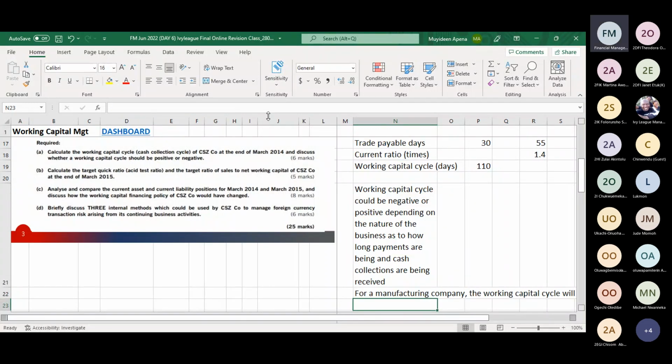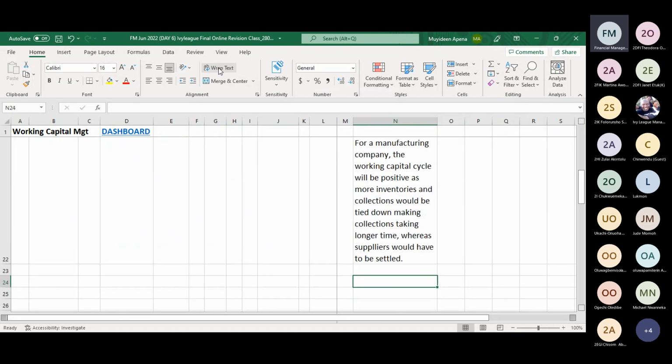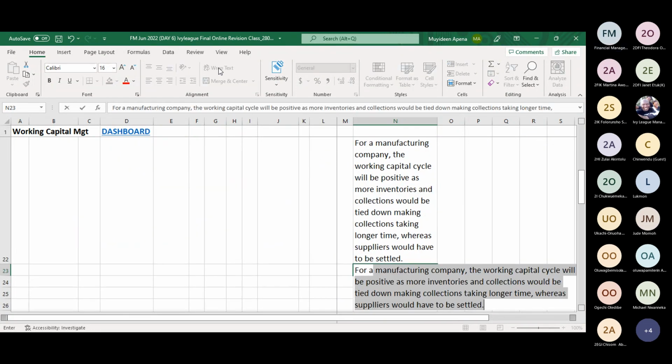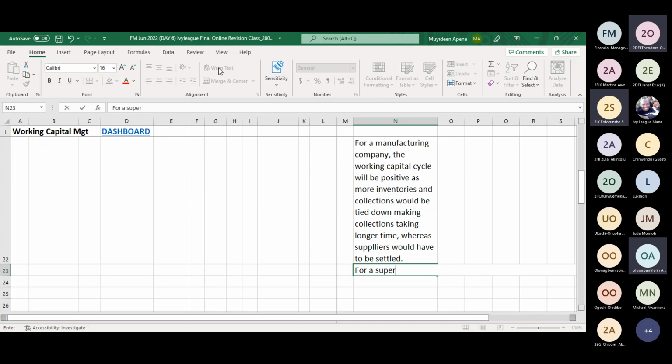So this will make it actually positive. Okay. So what do you think will happen to a supermarket? Should be negative.